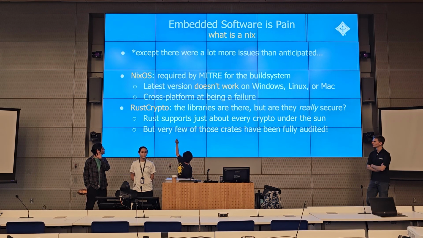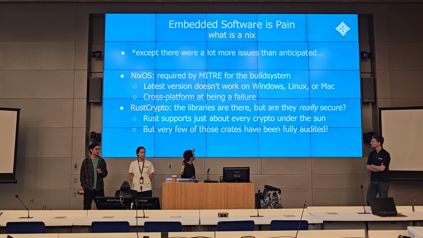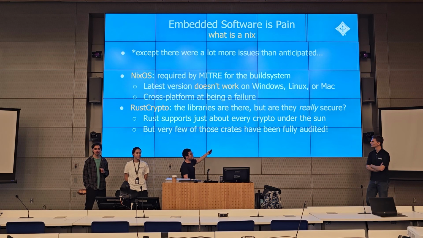Also, Rust has a lot of good cryptography libraries, but there's a problem when you're trying to write secure software. You want those libraries to actually be secure, and you want somebody to have gone through and audited them. And it turns out that a lot of the cryptography libraries in Rust have not been audited.